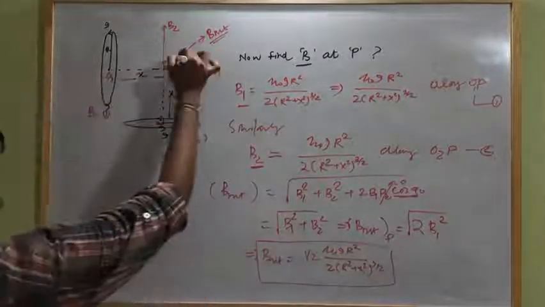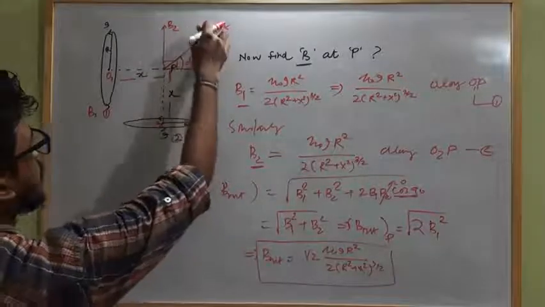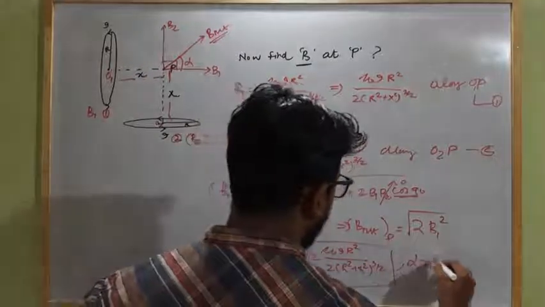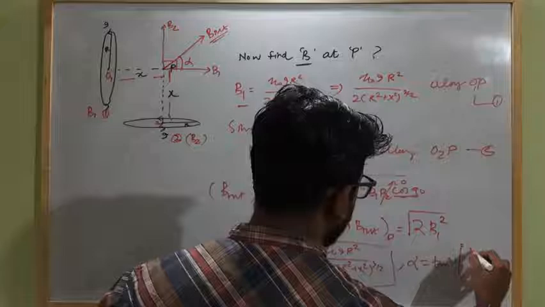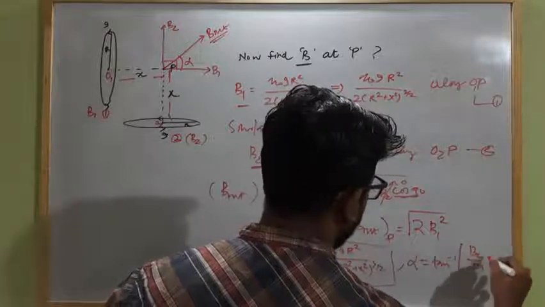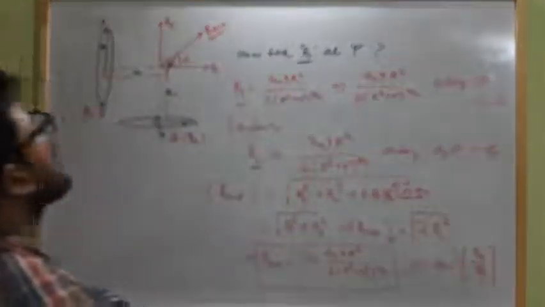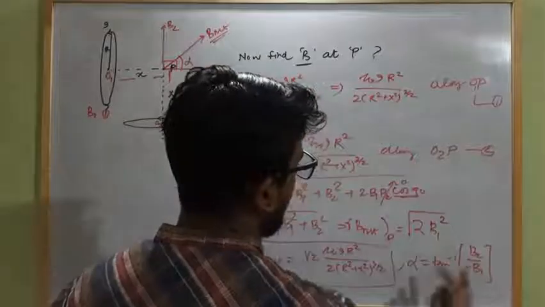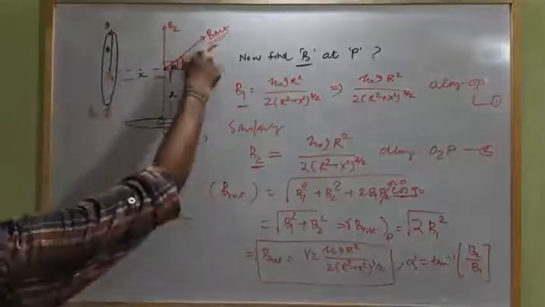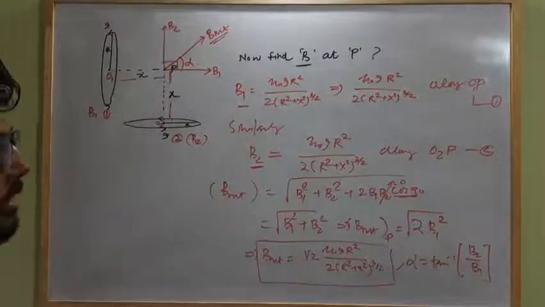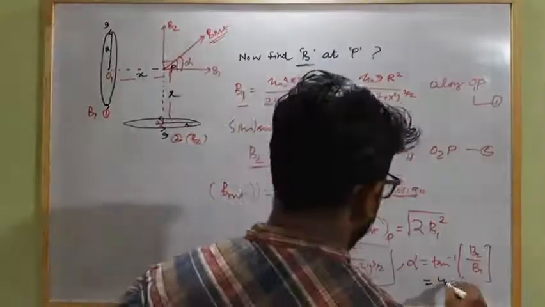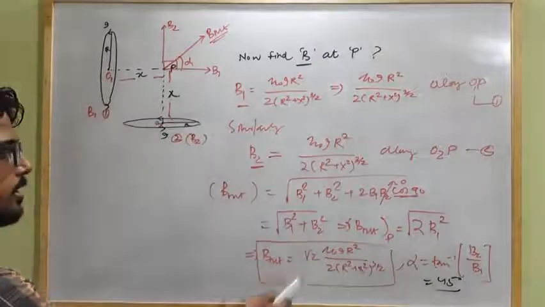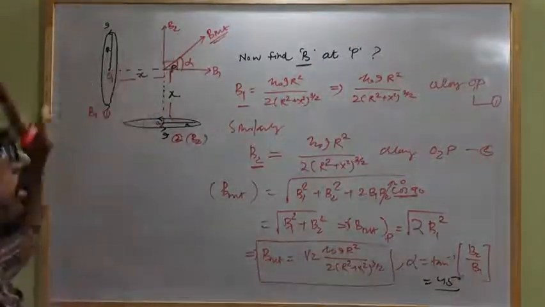And its direction can be calculated by alpha equal to tan inverse B2 by B1, or it's at 45 degrees straight because B1 and B2 are the same. Tan inverse 1 will be 45 degrees. This angle will be 45 degrees with respect to B1. Clear? Okay, so this is the strength and this is the direction.